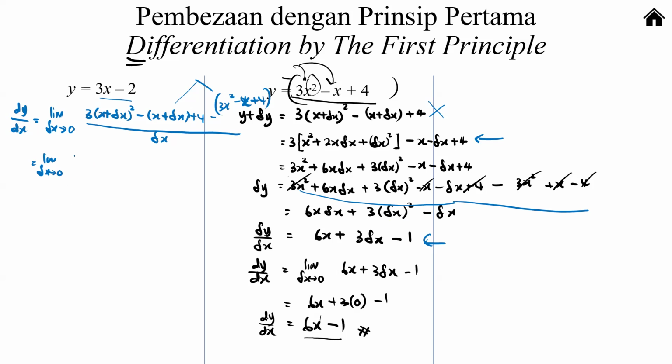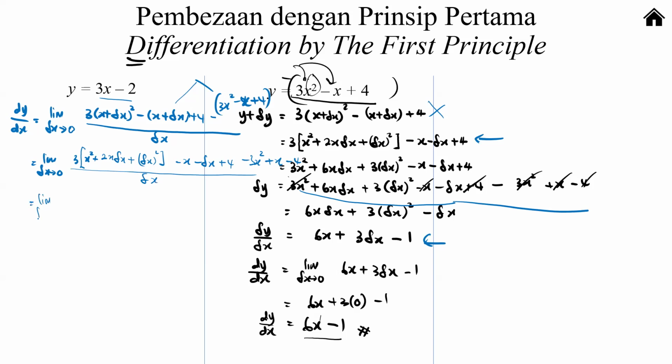So we have 3x squared plus 2x delta x plus delta x squared minus x minus delta x plus 4, and then minus 3x squared plus x minus 4, over delta x.